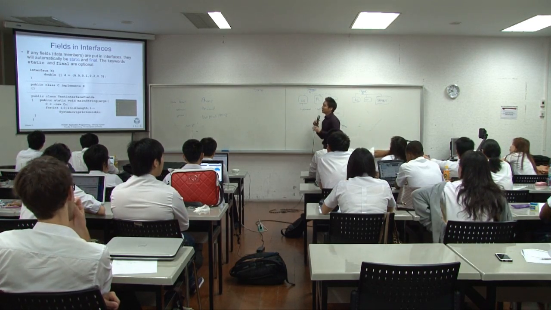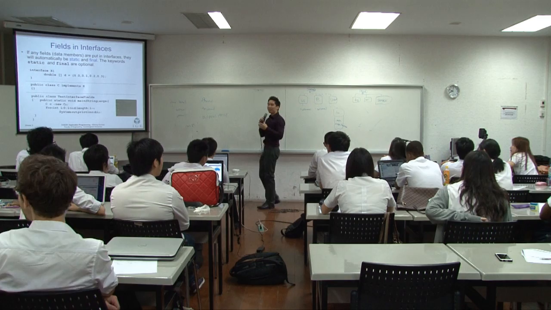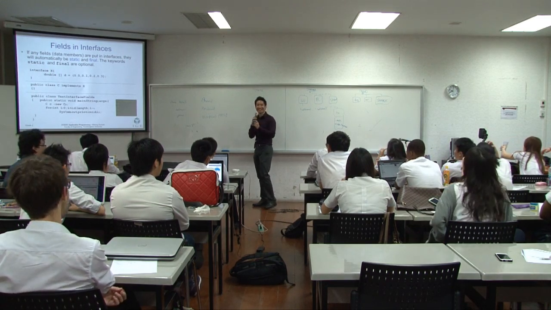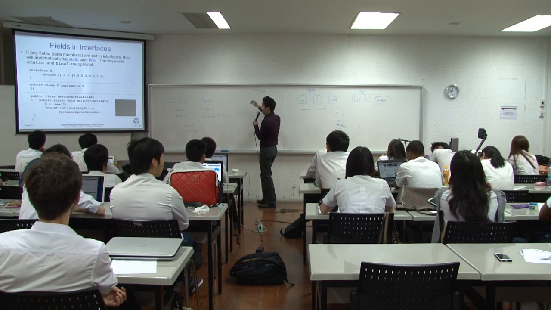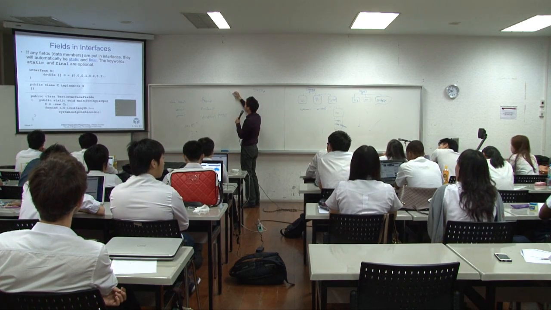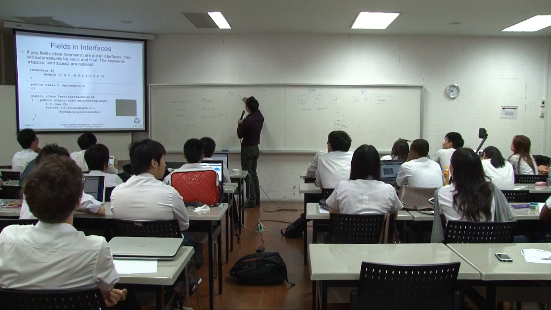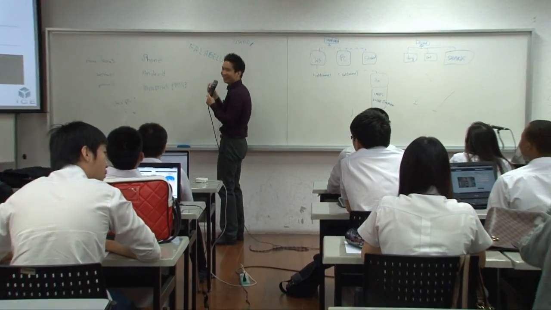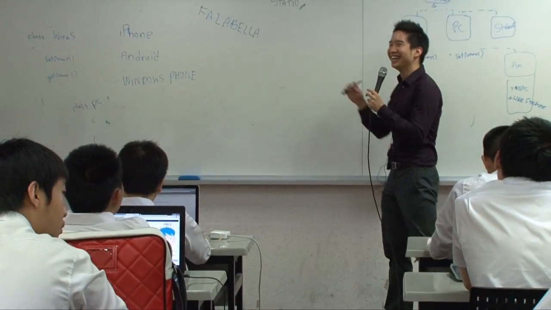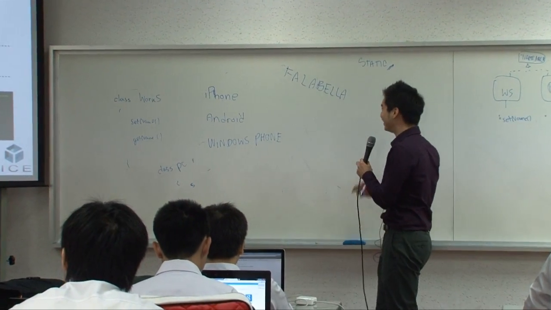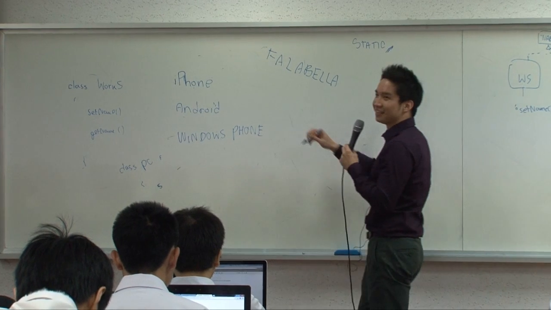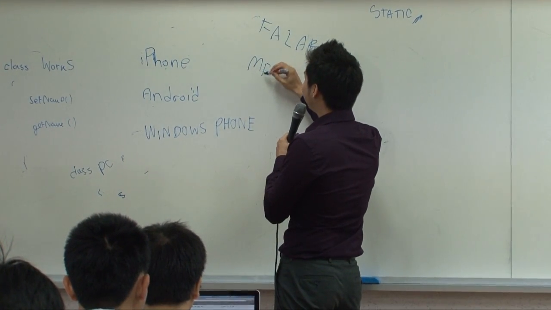Okay, the keyword static. Why am I talking about these things? It must be Friday. If you want to have a place to go check out, this is it. Okay, that's the last thing. For guys, hot chicks are here.